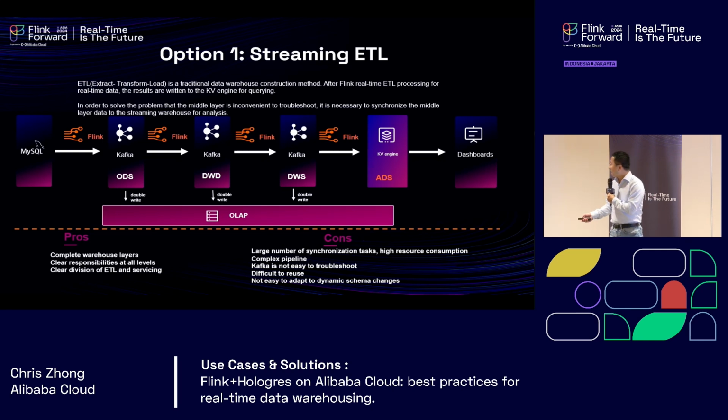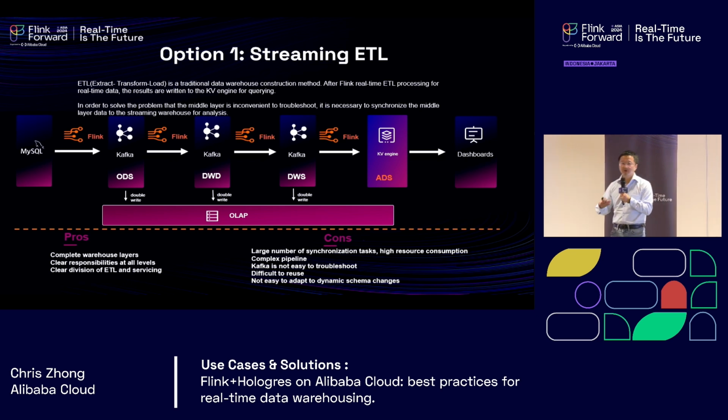This architecture actually brings some pros and cons. The pros are clear. There is a clear data layering from ODS, DWD, and DWS and ADS. And also, there is a clear responsibility for the data store and data pipeline. But the cons are also very clear.